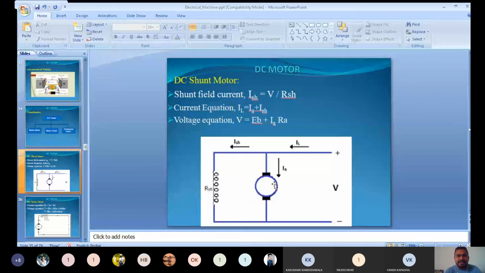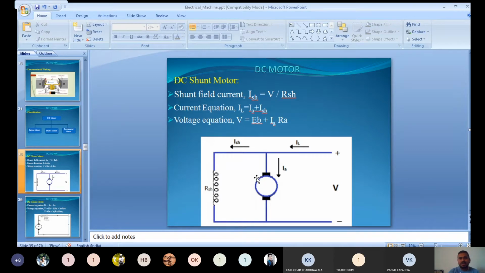So, DC shunt motor. First of all, how can we define the DC shunt motor? This motor operates on a DC supply or DC source, and the field winding is connected in parallel with the armature winding.